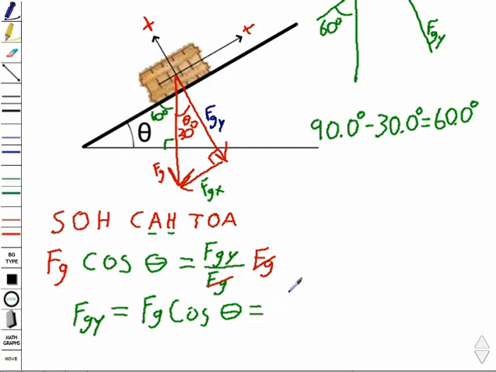Right. So I know a couple of things. I know that my weight is 562 newtons. I know that my angle is 30 degrees.